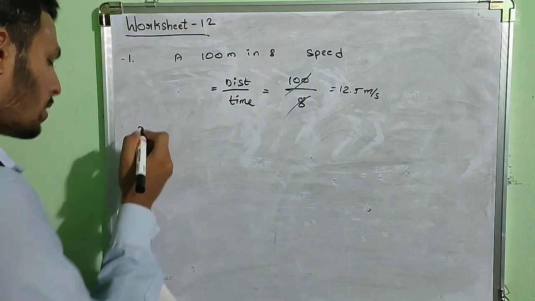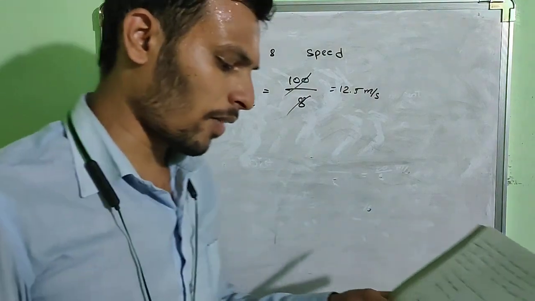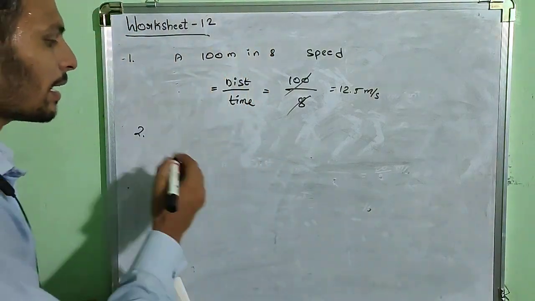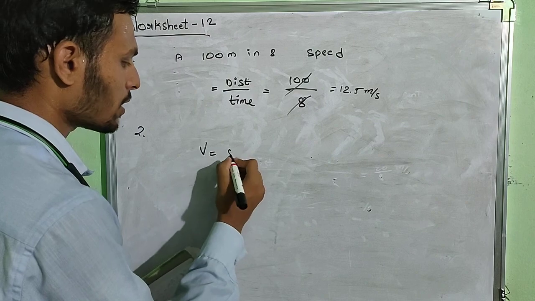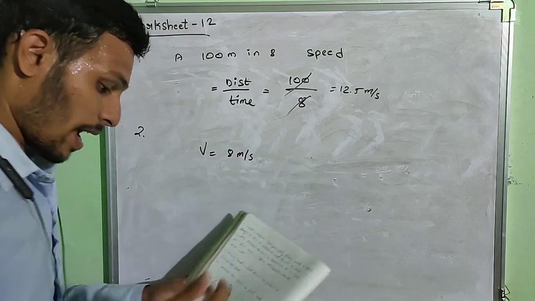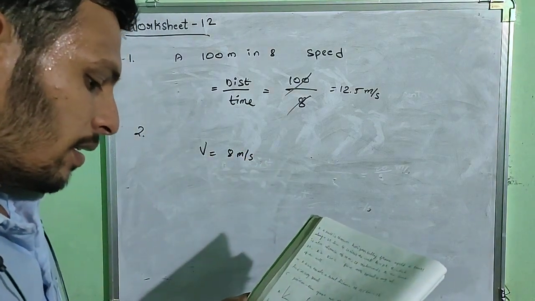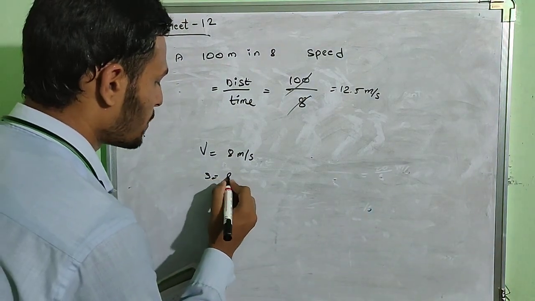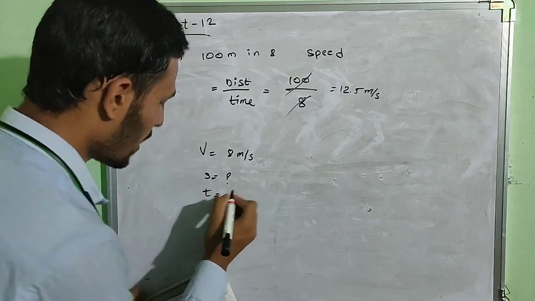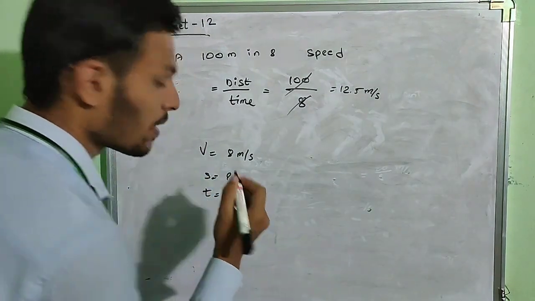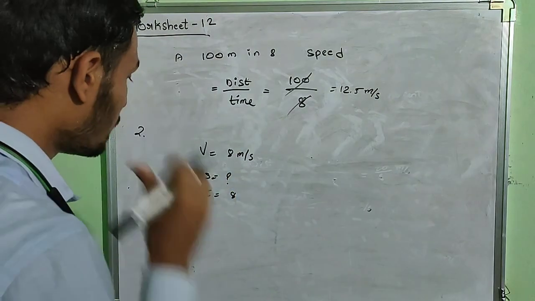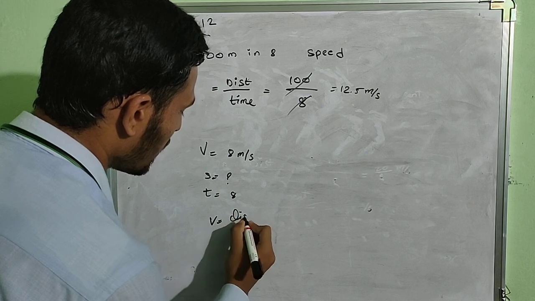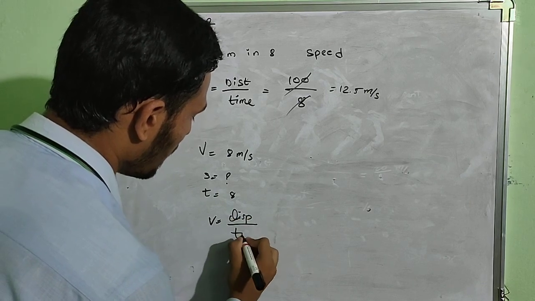Now the second question: the velocity of the student is 8 meter per second, and he is asking to find the displacement when time is 8 seconds. We have the formula for velocity as displacement by time.